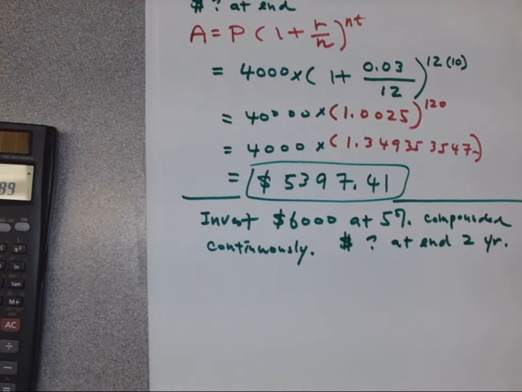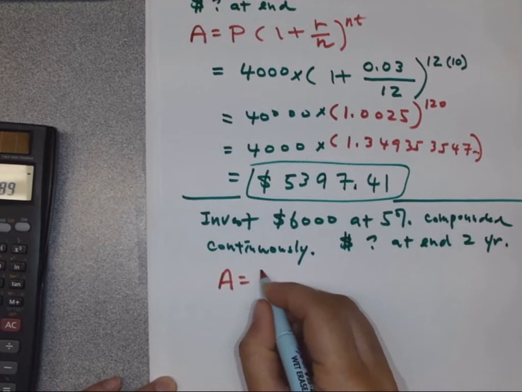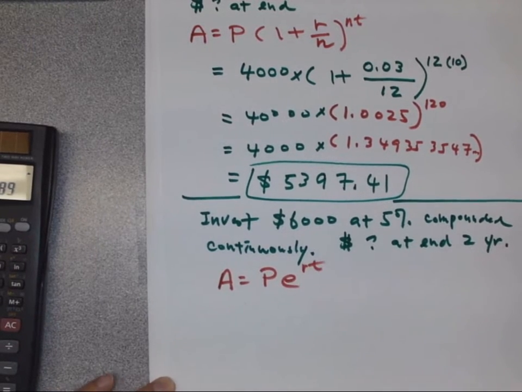Okay. So if it's continuously, then we should use what formula? The PERT, right? A equals PERT. And help me to plug it in.